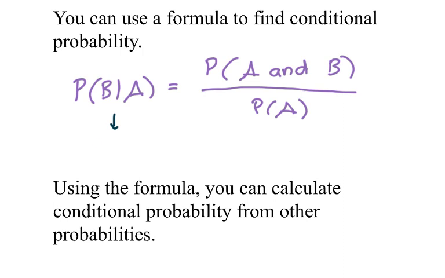So the line again means given. So it's B given A. So it's the probability that both are happening over the probability of your given. Now, you can use this formula. Generally, you'll use it when you're given other probabilities and not necessarily given other values, but you can use it whenever.